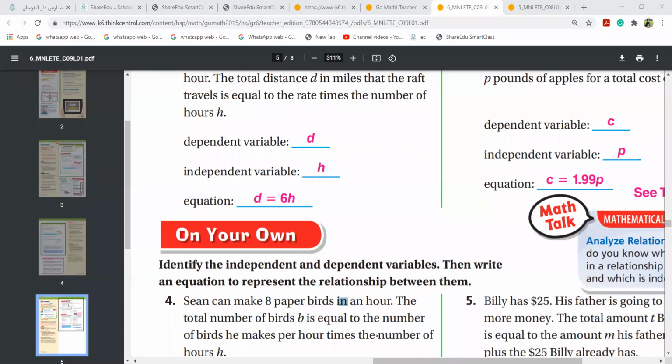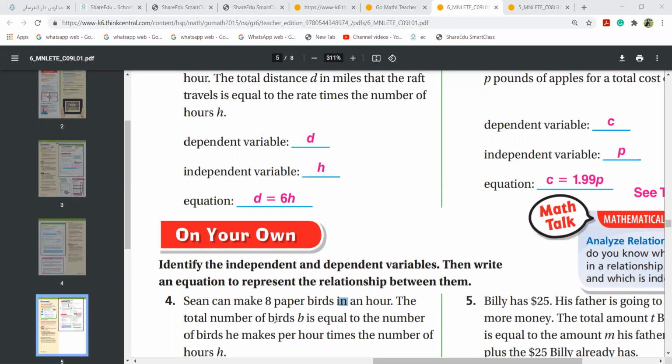Scene can make 8 paper birds in an hour. The total number of the birds B is equal to the number of the birds he makes per hour times the number of hours.